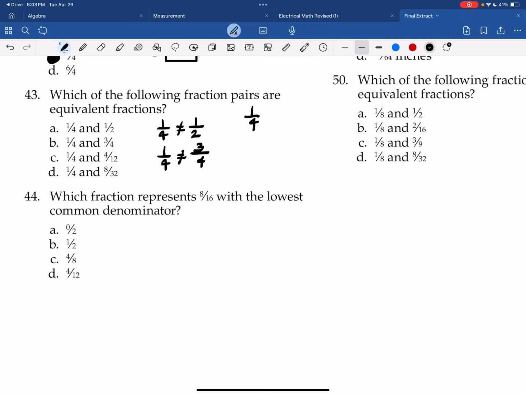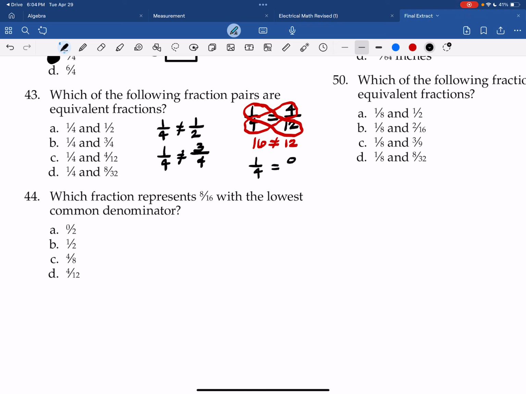1/4 and 4/12. Now you can reduce 4/12 to get 1/3. I want to show you another way. You can use the cross product test, where 4 times 4 is 16 and 1 times 12 is 12, and those are not equal. So those fractions are not equal. 1/4 and 8/32.